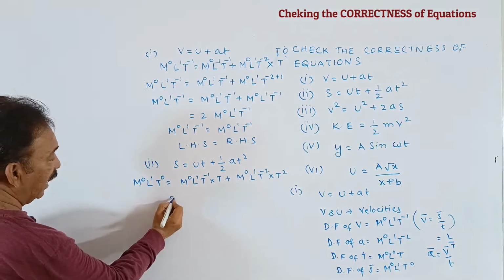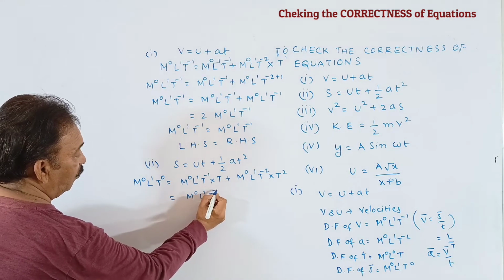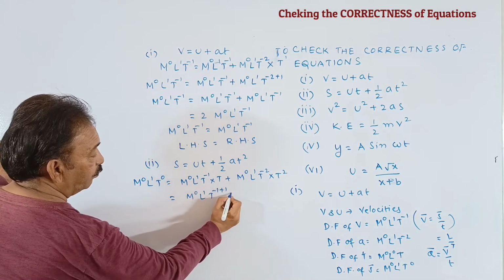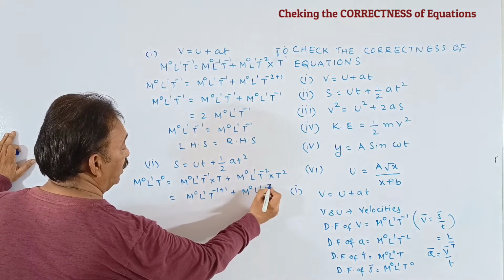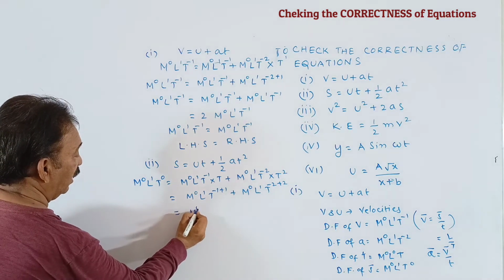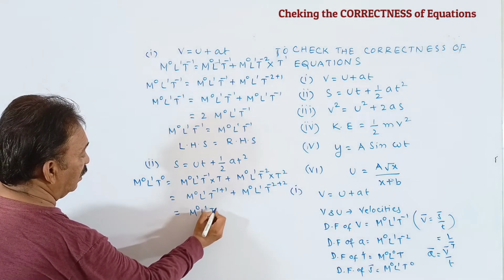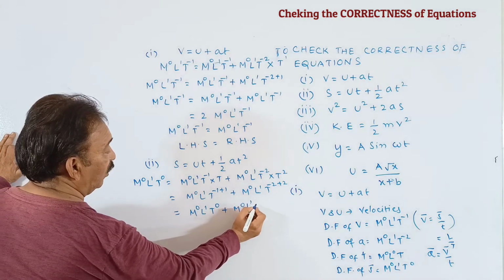Then it can be written as M0 L1 T to the power of minus 1 plus 1 plus M0 L1 T to the power of minus 2 plus 2. Finally we can write M0 L1 T0 plus M0 L1 T0.